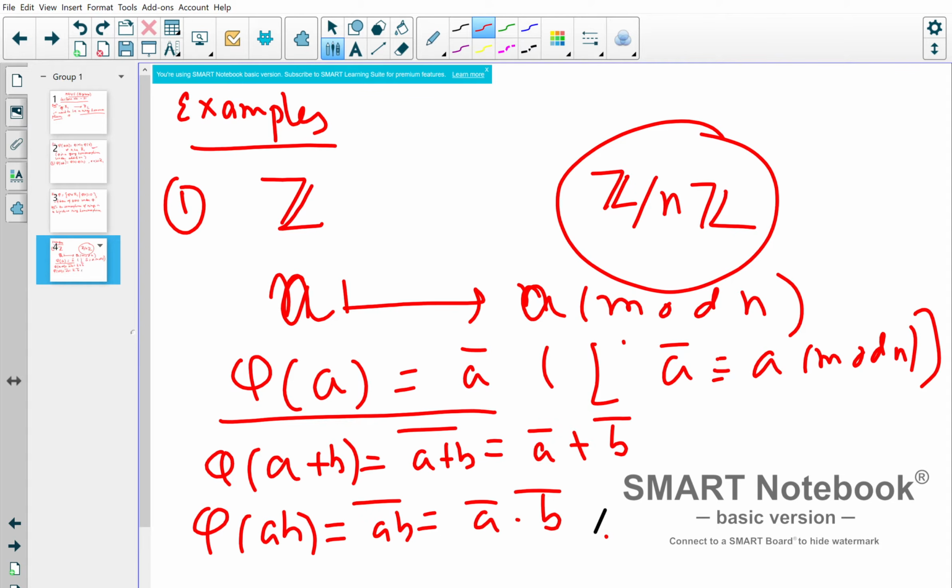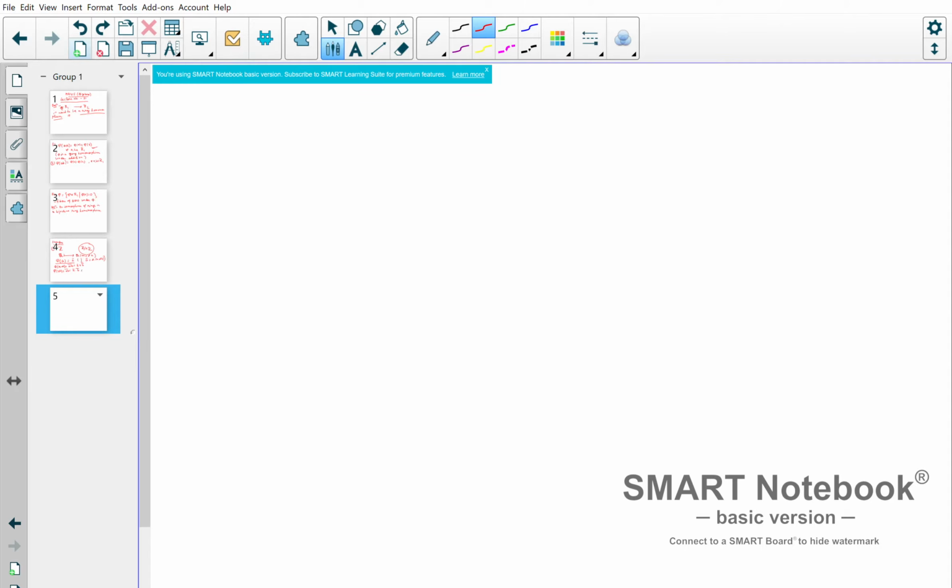Obviously the identity is always an isomorphism of any ring, and you can have some other maps.